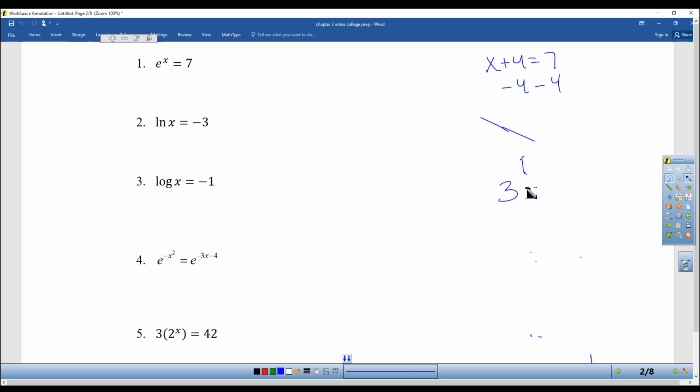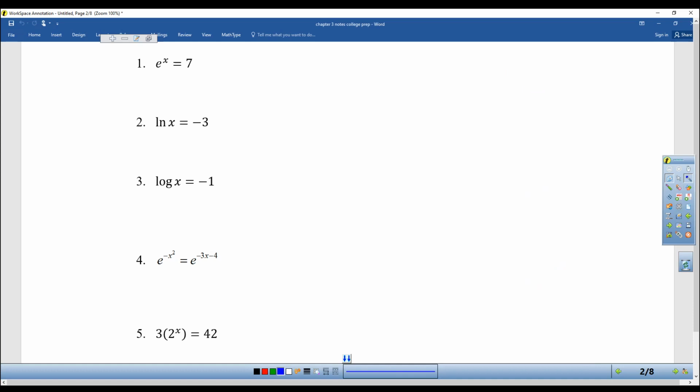If you had 3x is equal to 9, what did you do to both sides? You divided, because division is the inverse operation of multiplication. If you had the square root of x is equal to 21, what did you do to both sides? You squared both sides, because squaring is the inverse operation of square roots.